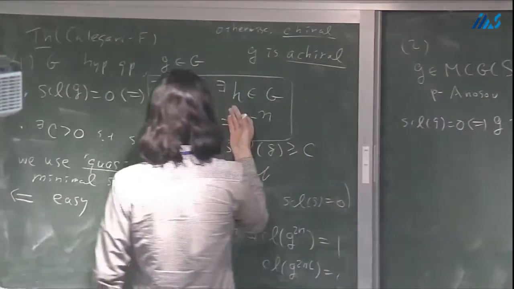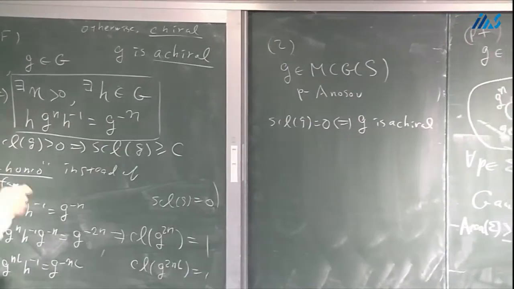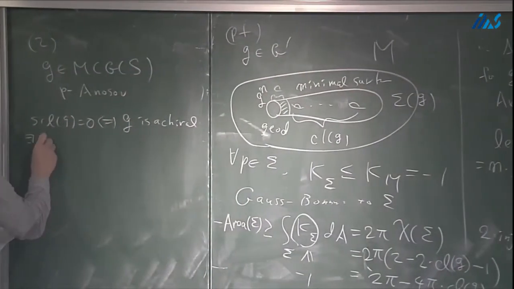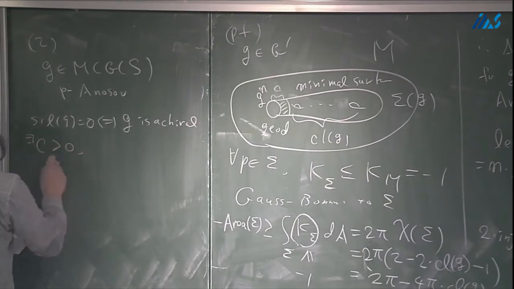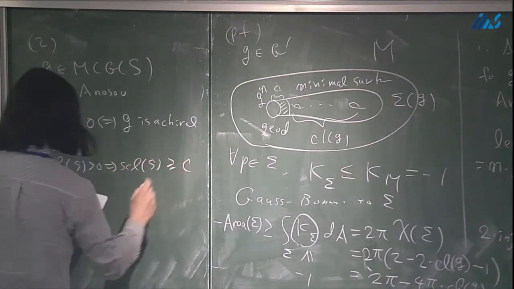Namely, in the mapping class group, you find the h and g^n is conjugate to g^{-n}. And also, there exists a constant C such that if this is positive, then actually this is at least C.